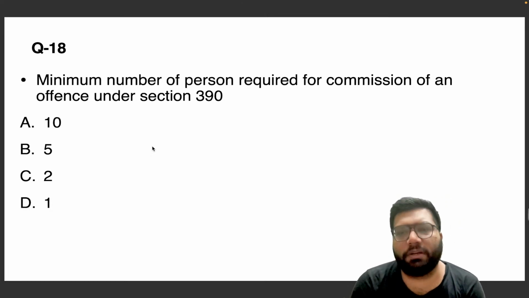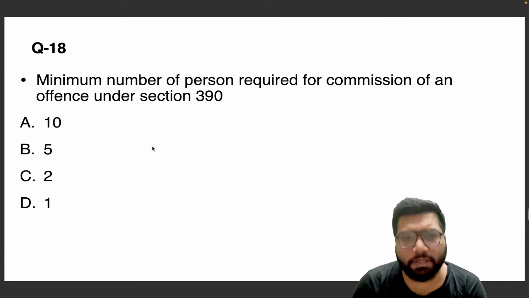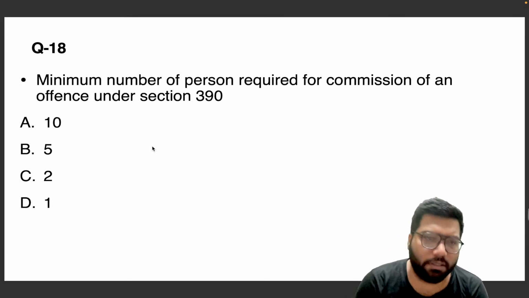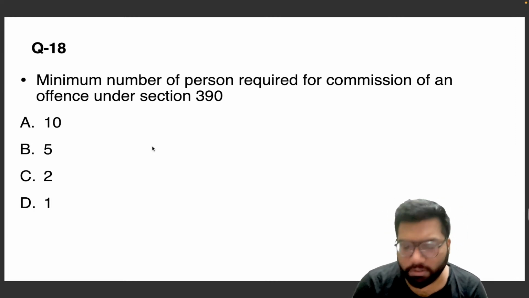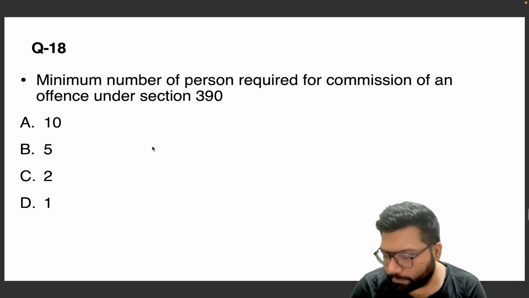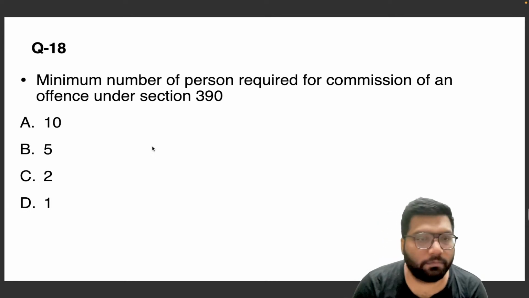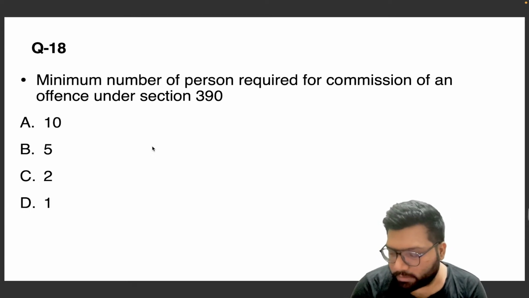Minimum number of persons required for the commission of an offense under section 390. How many people are needed at least for the commission of an offense under section 390? Mohit, you are not attentive.